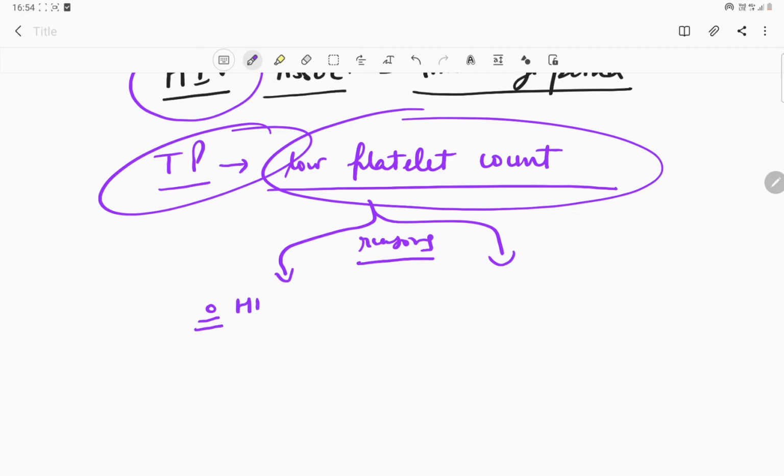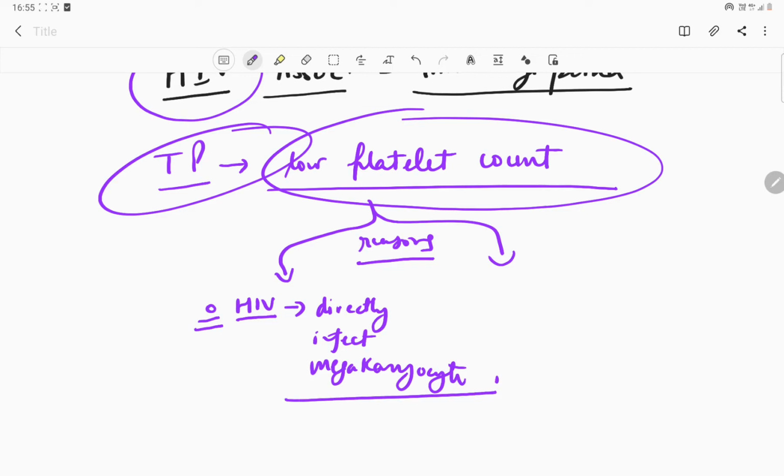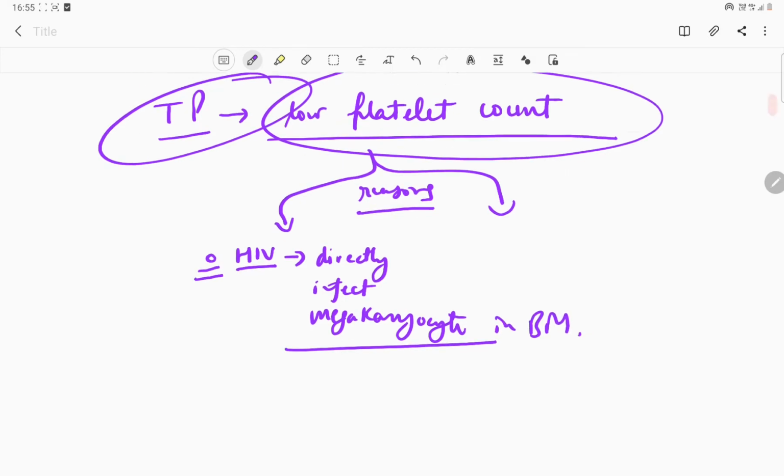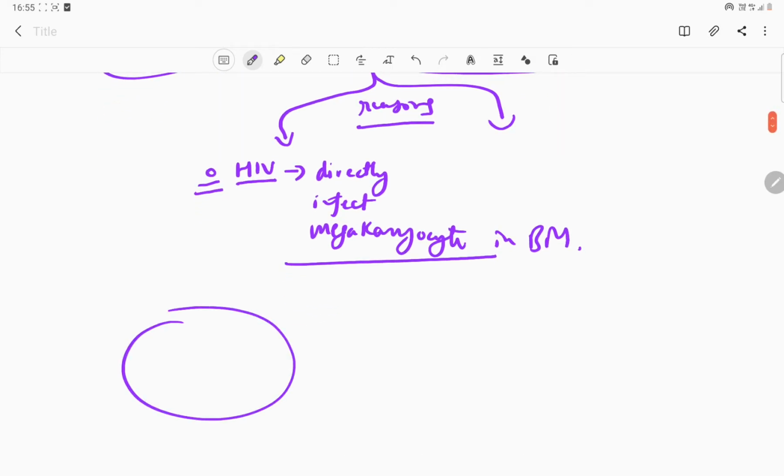The first reason is that the HIV virus, human immunodeficiency virus, can directly infect the megakaryocyte in the bone marrow. It happens by this mechanism.